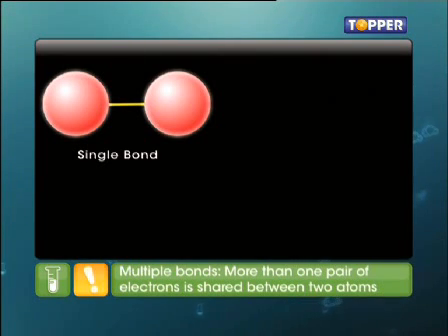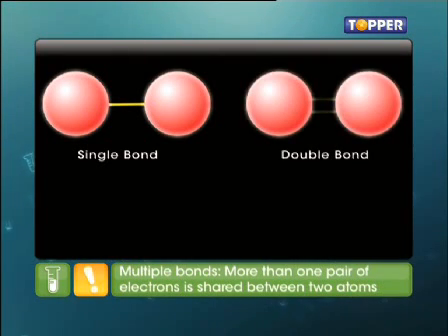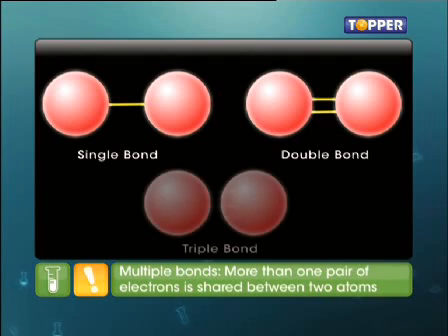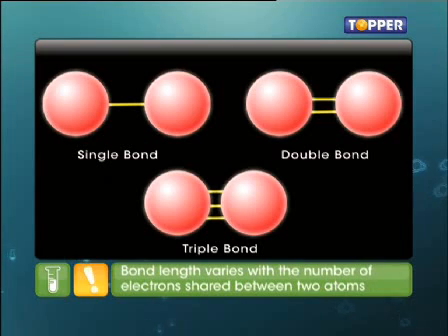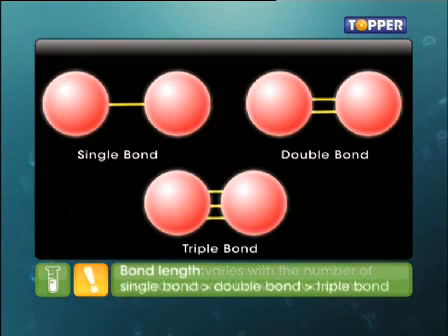So there can be single, double, or multiple bonds between them. In multiple bonds, the atoms share more than one pair of electrons. Accordingly, the bond length varies with the number of electrons shared between two atoms. As you can see, bond length is longest in a single bond and it is the smallest in a triple bond.